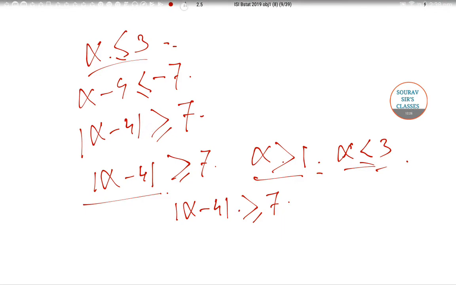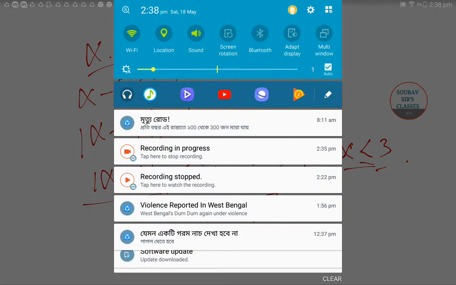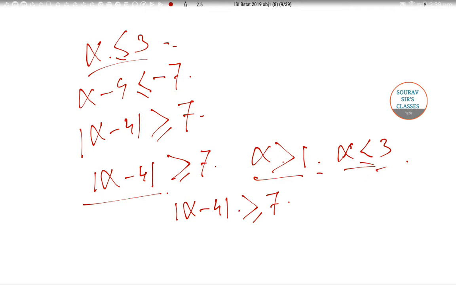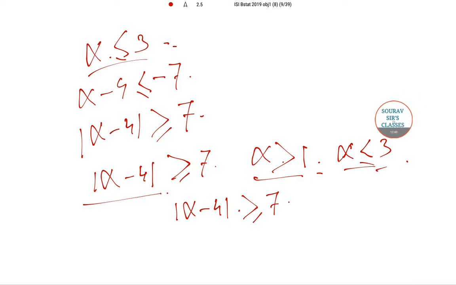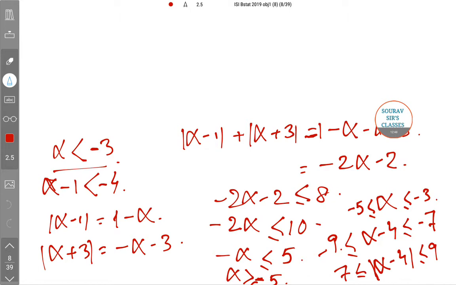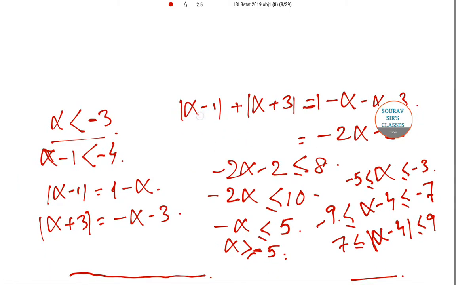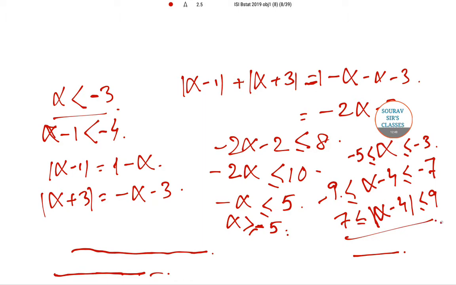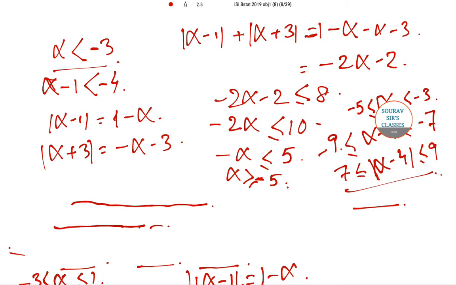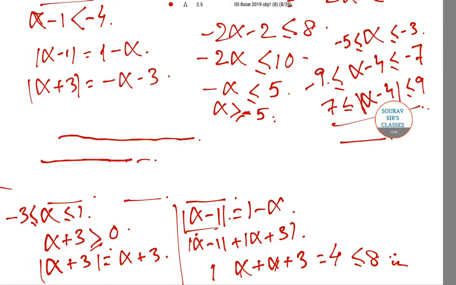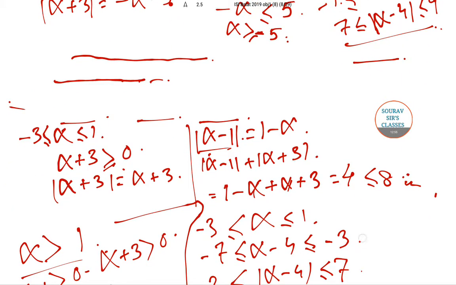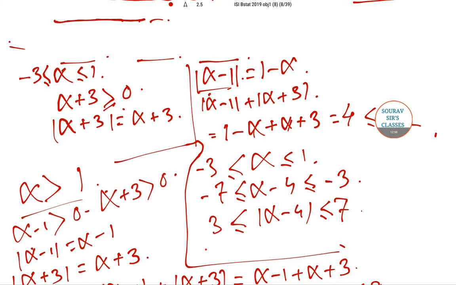Again there we have mod alpha minus 4 from 7 to 9 and here we have mod alpha minus 4 from 3 to 7.